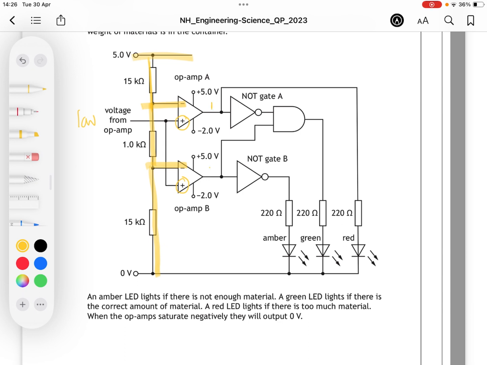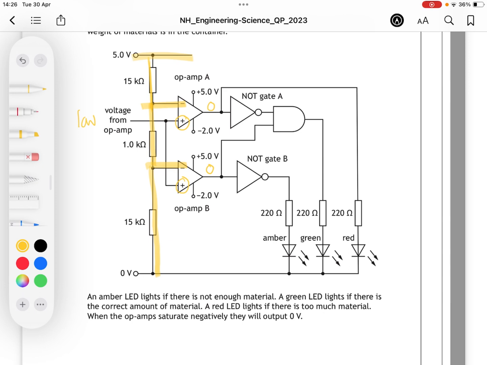So I'm going to say, nope, the output here is going to be 0. Oh man, shall I just start this all again? So what we can say is that the output here is going to be 0 because they've saturated negatively.